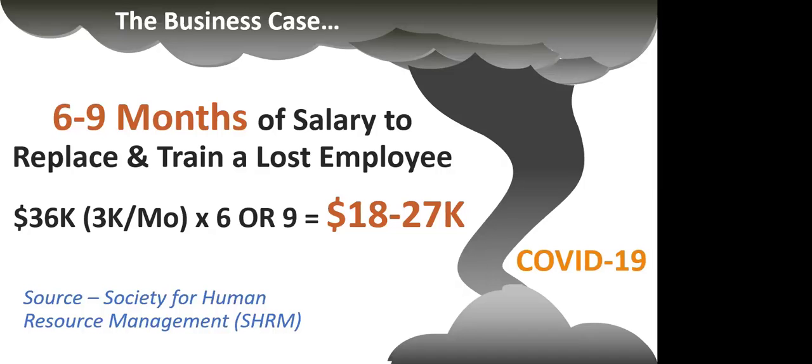And so say if we take someone who makes 36,000 a year, just to keep the math simple, that's about 3,000 a month. Times 6 or 9 months, we're looking at a good $18,000 to $27,000 just to replace that one employee. And that's going to be hard to do when companies are already stretched.